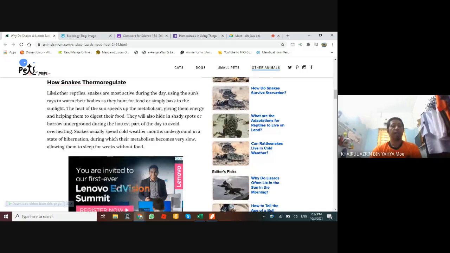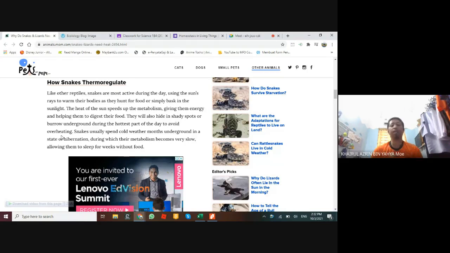Snakes are most active during the day, using the sun's rays to warm their bodies as they hunt for food or simply bask in the sunlight. The heat of the sun speeds up the metabolism, giving them energy and helping them to digest their food. They will also hide in shady spots, shady, tempat yang terlindung, or burrow underground, ada lubang bawah tanah, during the hottest part of the day to avoid overheating.